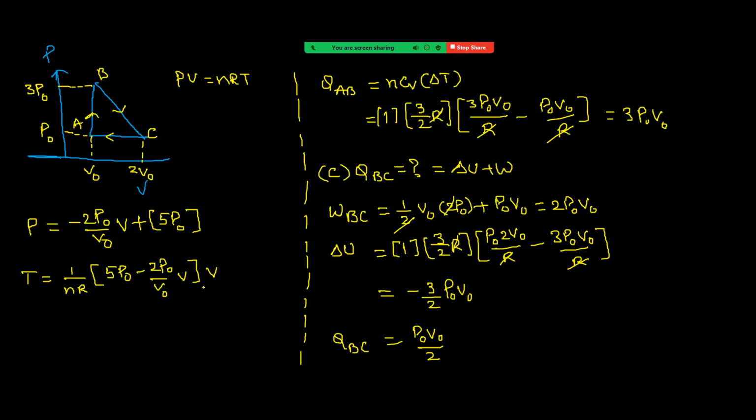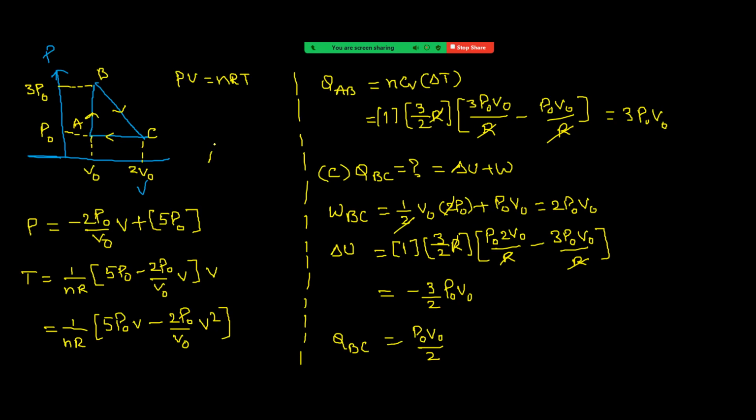It is just like A into X minus B into V square. I will write here once again: 1 by nR, it is 5 P naught into V minus 2 P naught by V naught into V square. Okay. It is of the form AX minus BX square. That means it is parabolic, right?